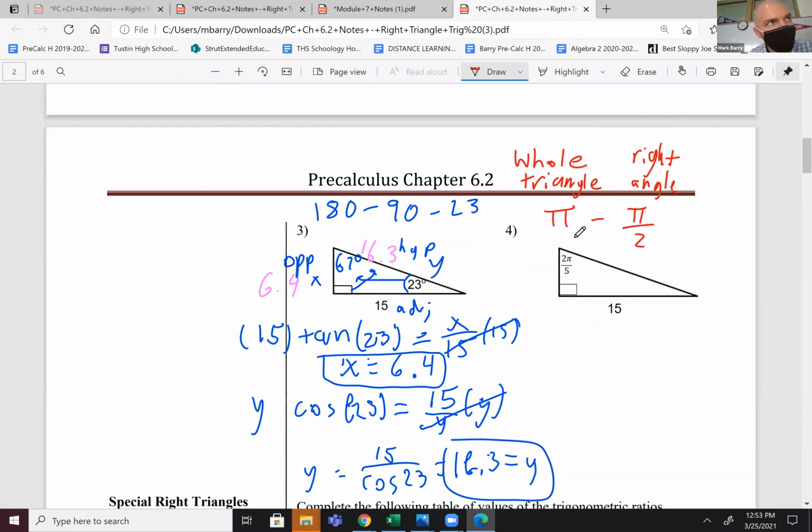That's right. Ha, get it? That's right. Because it's a right triangle, right angle. Okay, and then lastly, we will subtract out the other given angle. So that's going to be 2 pi over 5.